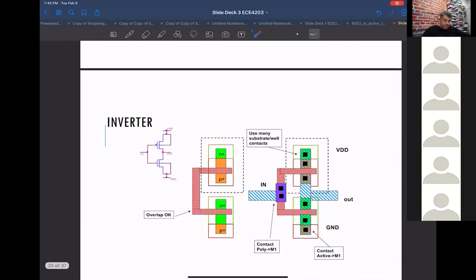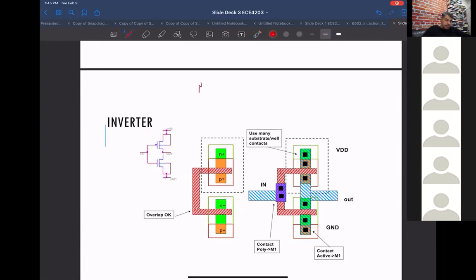Overall, once you add all this, this is how you would lay out an inverter. Here's a schematic symbol for an inverter. We'll look at the CMOS inverter in detail. You have the NMOS pull down and the PMOS pull up.